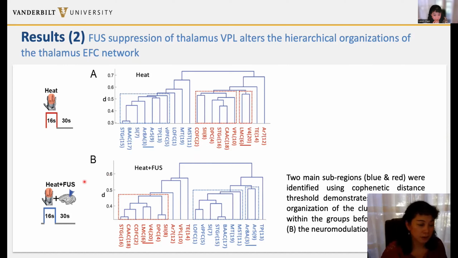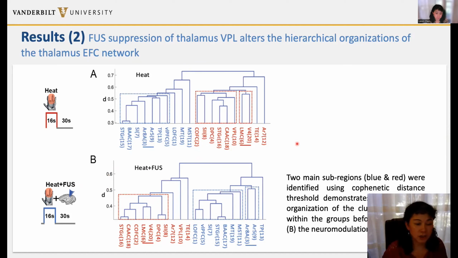After the ultrasound suppressed the thalamus response, you can see the organization of the network changed. Some of the areas have become more closely connected while other areas' connections get disrupted or weaker.